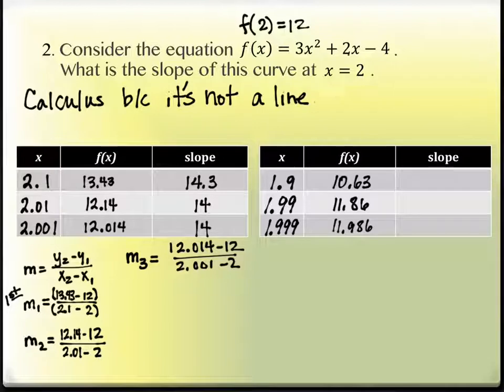We have 1.9 with 10.63, so that will be M4. So 10.63 minus 12 over 1.9 minus 2.